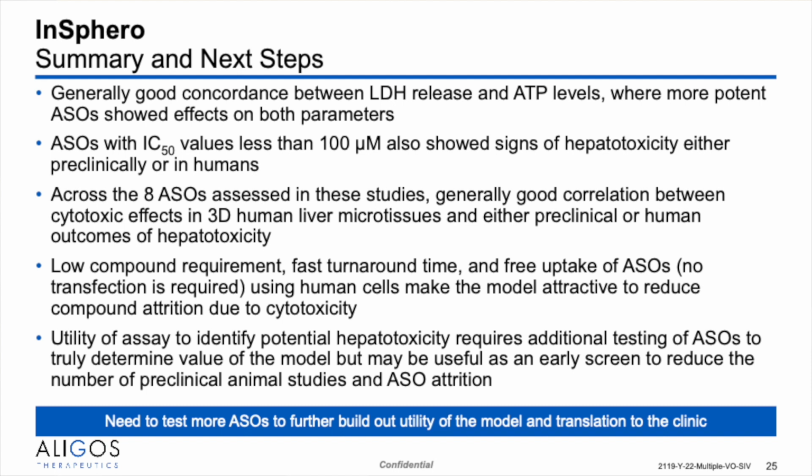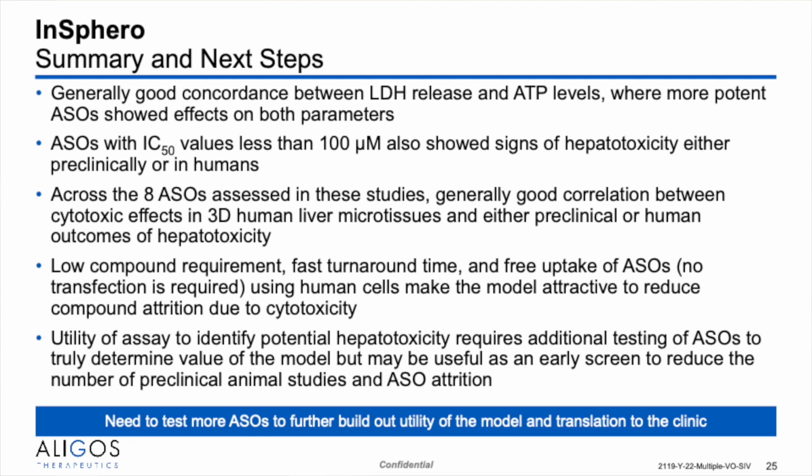And the really great thing in this system is that you have free uptake of the ASOs, whereas in the 2D cell culture systems, you actually have to transfect your oligo in. So this, and the fact that we're using human cells, really makes that an attractive model to try to reduce compound attrition due to cytotoxicity.